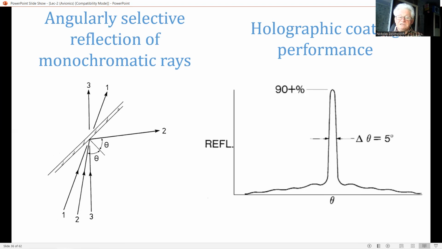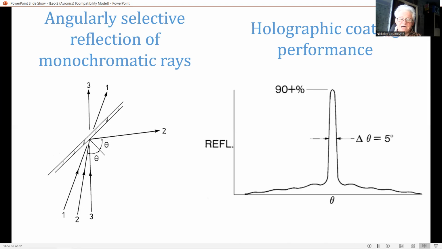The effect is illustrated in these two figures. Rays 1 and 3 are insufficiently close to the reflection angle, theta, for them to be reflected, whereas ray 2 is incident at the design angle and is reflected.